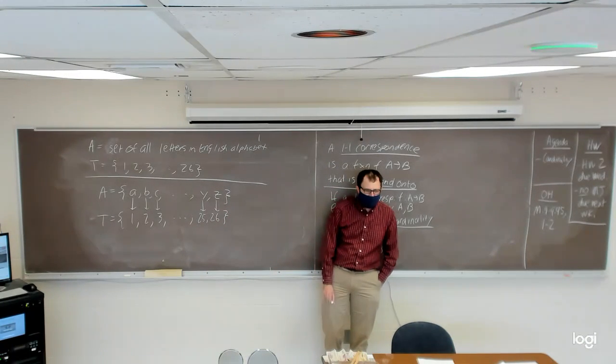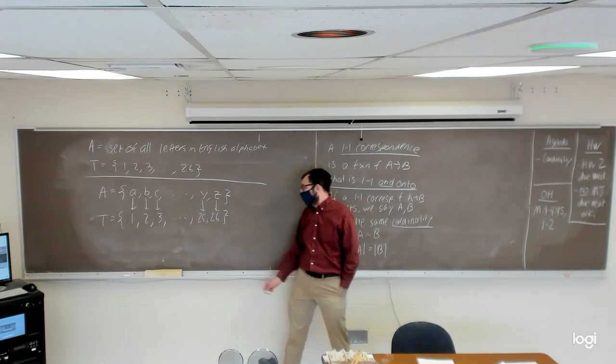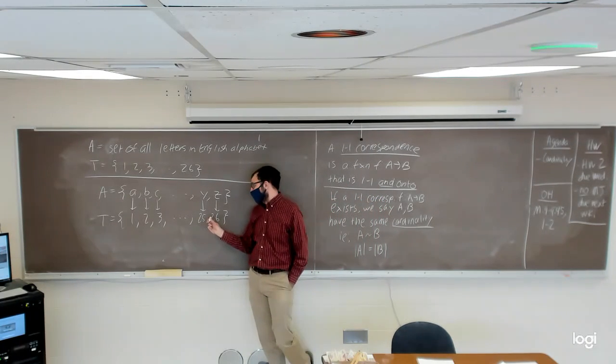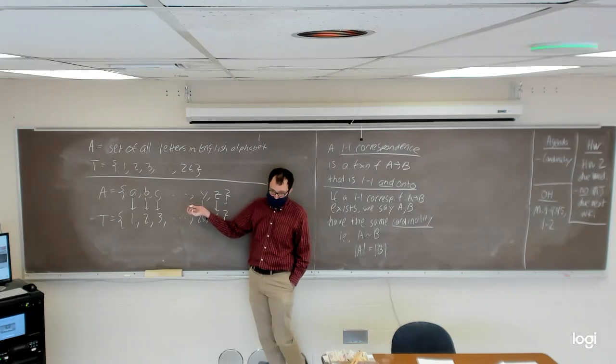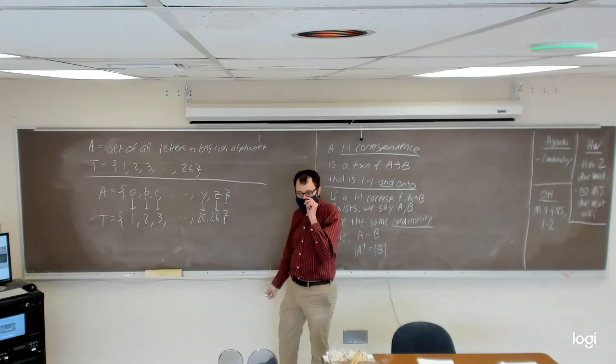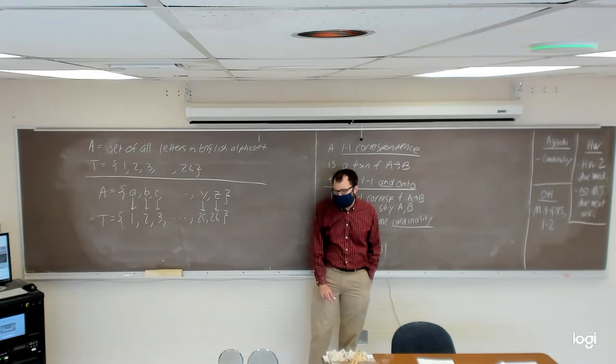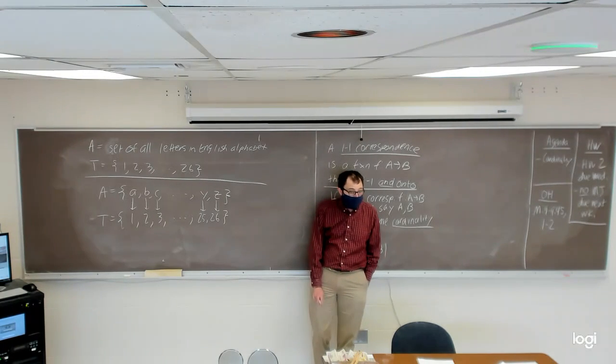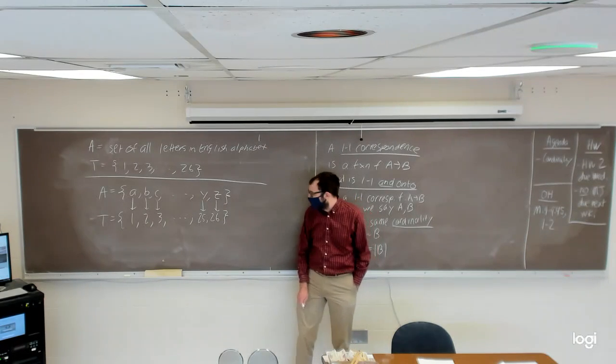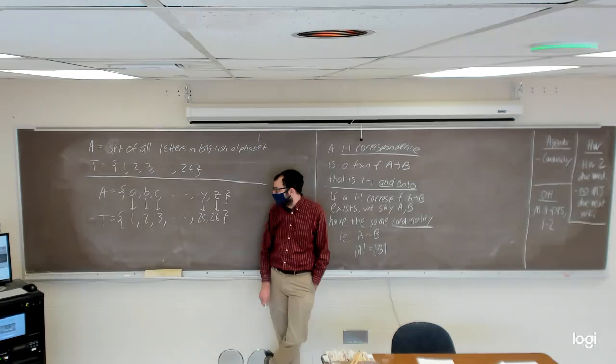Is this function one-to-one? I think so. Doesn't look like any integer here is getting mapped to by multiple letters. Is it onto? I mean, does every integer get mapped to? Yeah, I think for that particular set, then maybe it will be onto, but if you consider all integers, probably more.